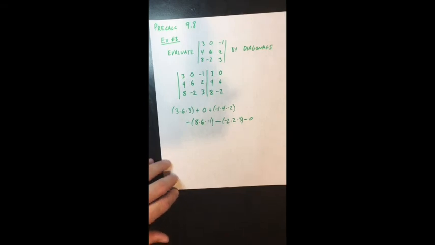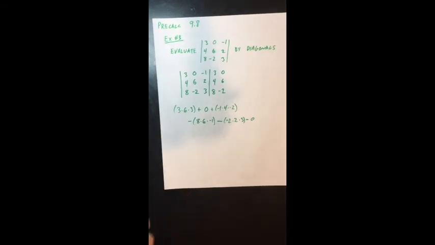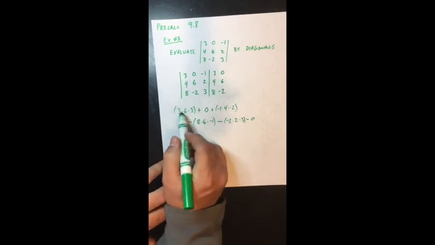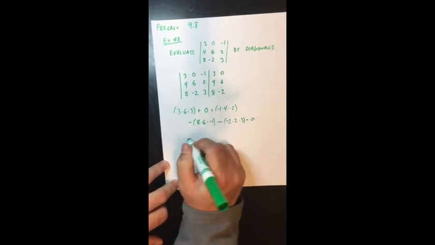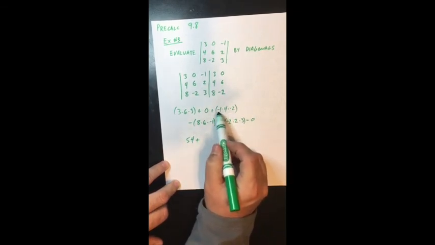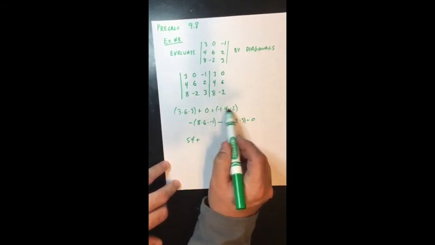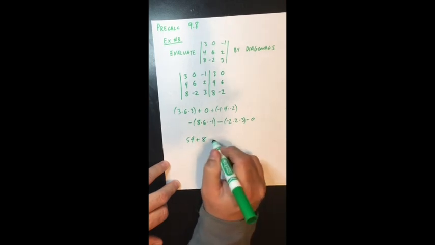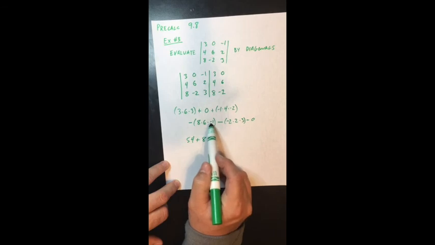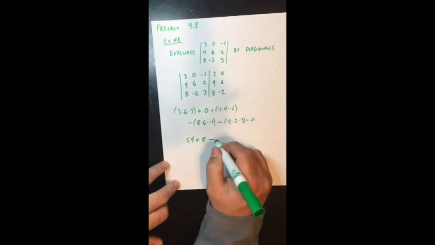That's really the main important thing to pull from this, because after this it's just arithmetic. So 3 times 6 times 3, that would be 9 times 6, 54. The 0 is obviously 0. -1 and -2 make +2. 2 times 4 is 8. So we have 54 plus 8 minus 8 times 6 is 48, and the negative makes it -48, so I'm going to say plus 48.